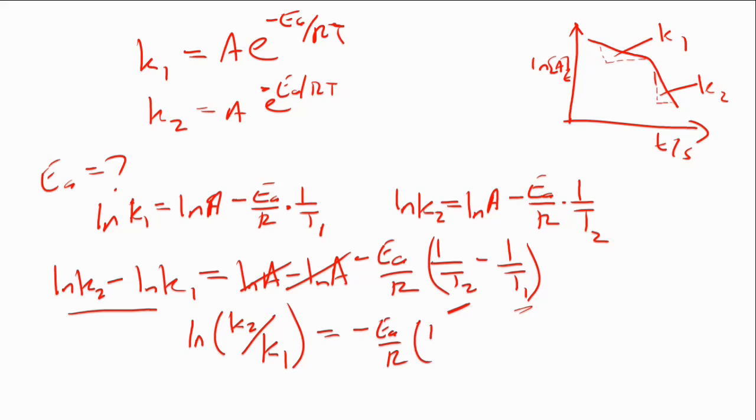But if you can't be bothered with that, it's not a problem. It will not affect you. And so if you have two rate constant values and two temperature values, and R is a constant, you can easily calculate your activation energy.